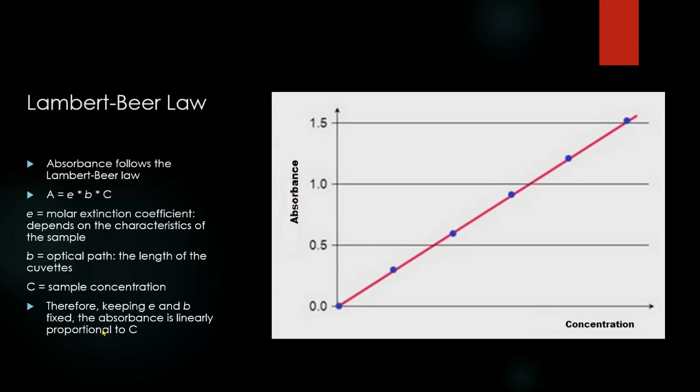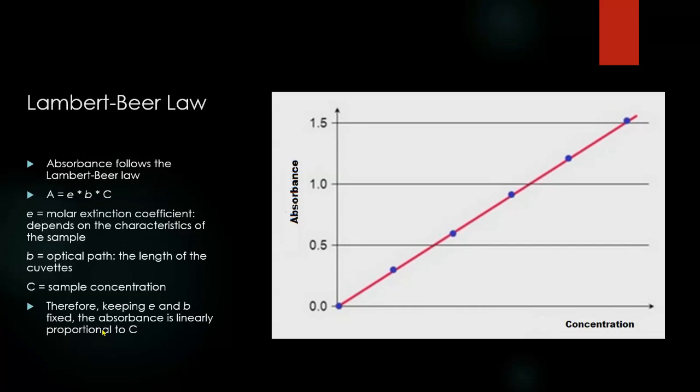It's a specific coefficient that depends on the characteristics of the sample. Every substance, every compound, every element has its specific molar extinction coefficient. B is the optical path, the length of the cuvette, the path the light passes through the liquid sample, while C is the sample concentration.